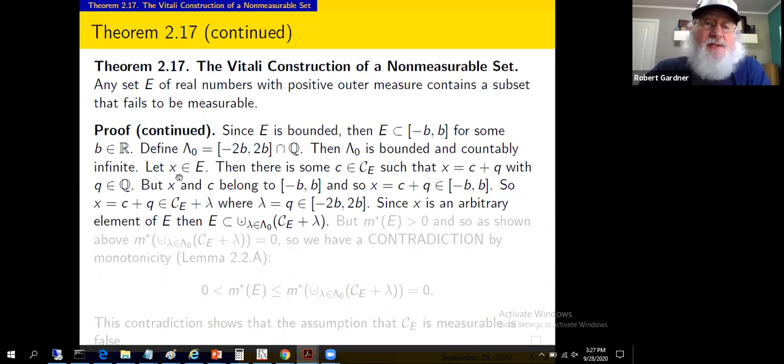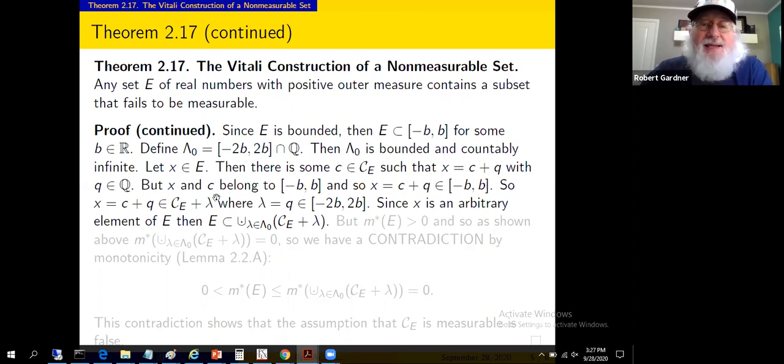Remember, the equivalence classes partition set E, and we have chosen some representative of the equivalence class containing x and put it in the choice set. Call it C, the choice from the equivalence class containing x. So we've chosen that one to represent that equivalence class in C sub E. That means x is rationally equivalent to C, so x equals C plus q for some rational number q.